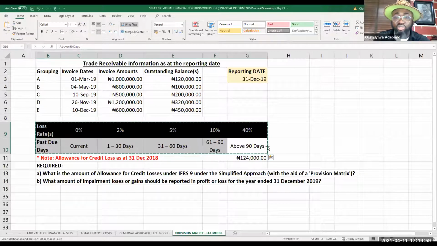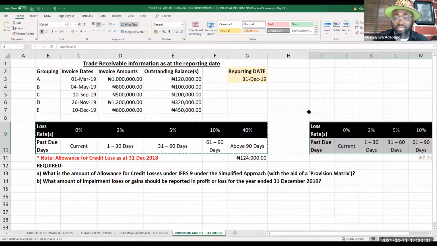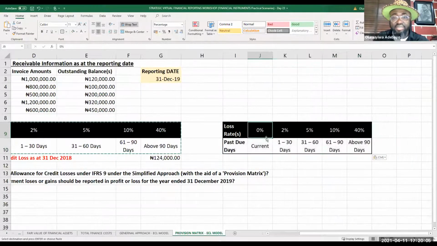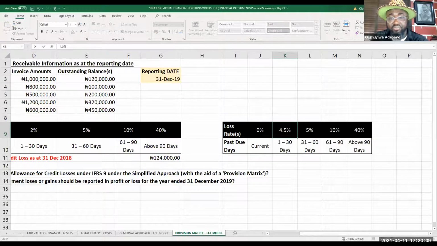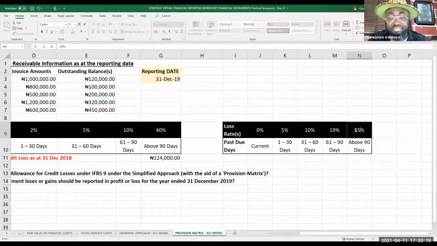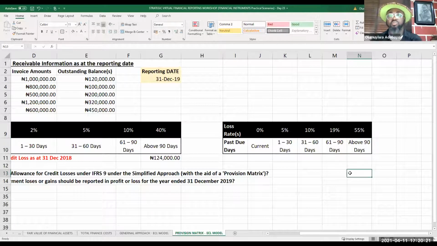Let's say for 2020, the rates might have come to 4.5, 10.2, 18.9, and probably 55. You can see now, it's a dynamic rate, it's not static.